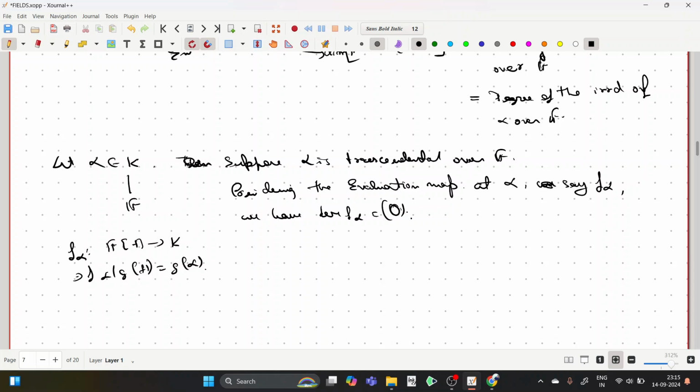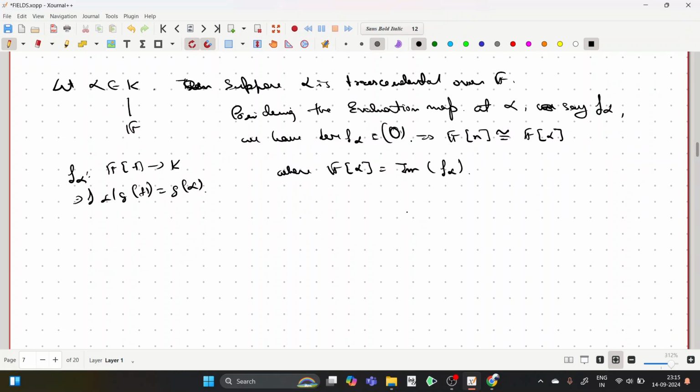be the 0 ideal, which eventually speaks of the fact that F[x] is isomorphic to F[alpha], where F[alpha] is again the image set of f alpha. And this again follows from the first isomorphism theorem.